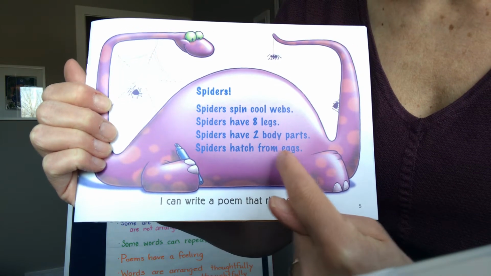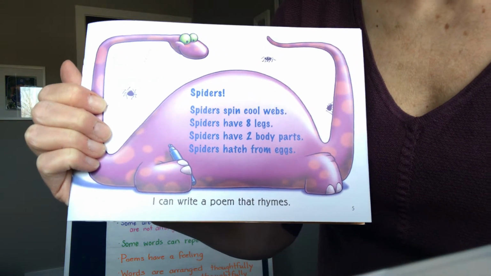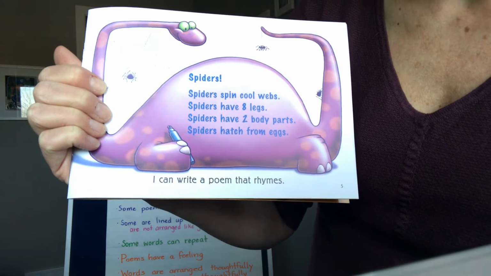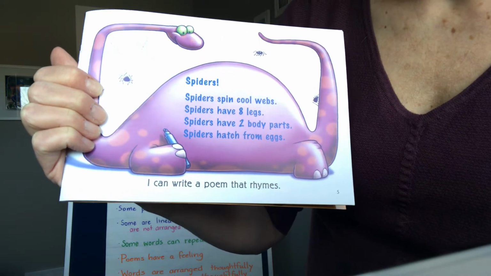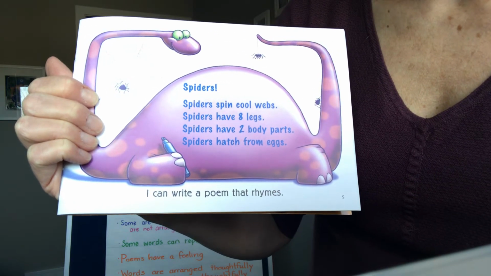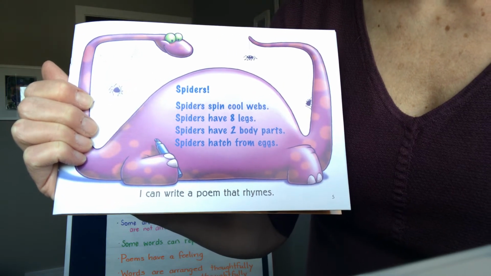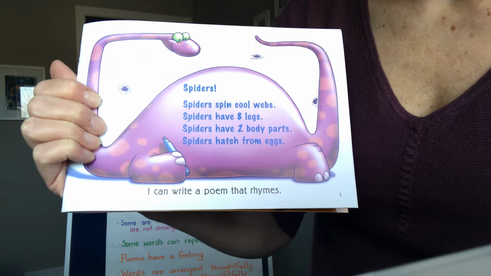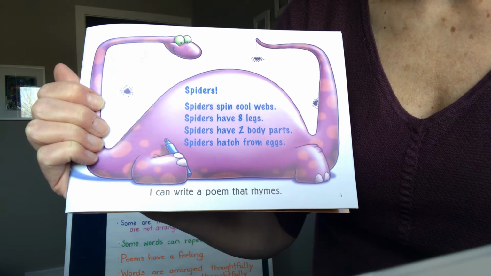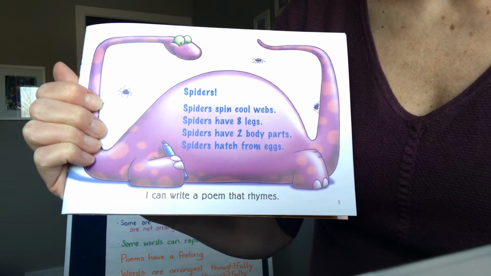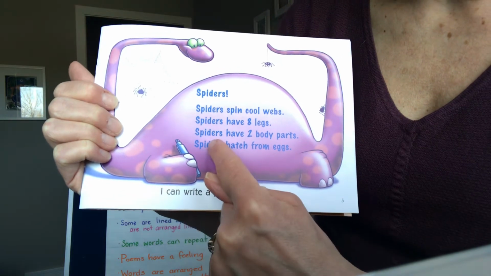Spiders hatch from eggs. Can you hear the rhymes in the poem? I'll read it again. Spiders spin cool webs. Spiders have 8 legs. Spiders have 2 body parts. Spiders hatch from eggs. So that's a repeating poem at the beginning.